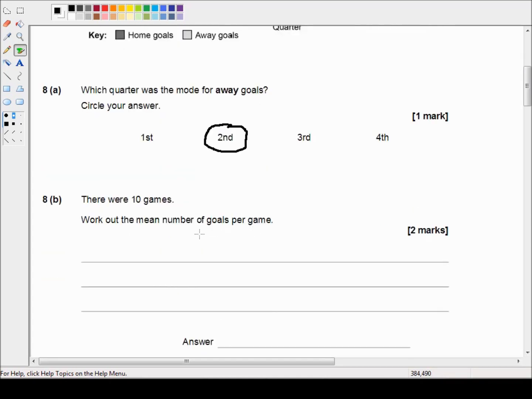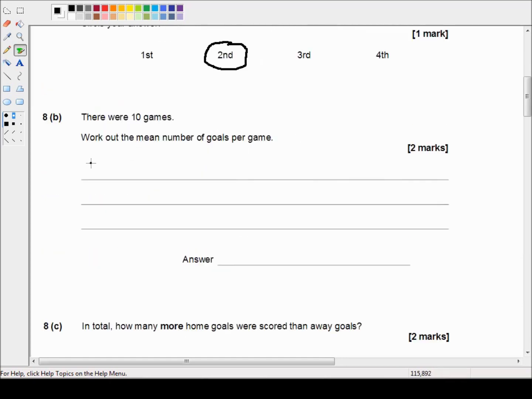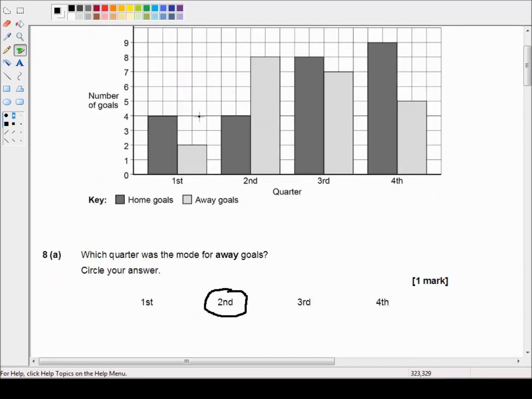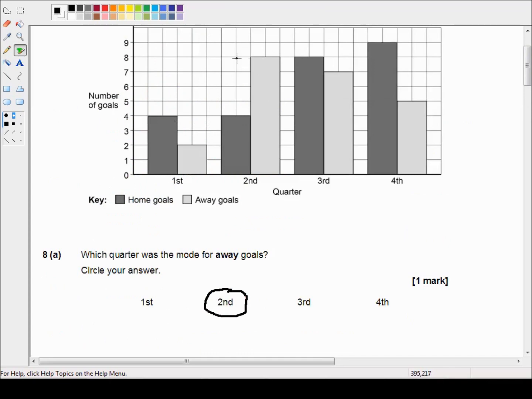Okay, so the mean is the average where you add them all up and divide by how many there are. So we know there are 10 games, so we've got to divide by 10. And we're looking at the total number of goals divided by 10. So in the first quarter at home we've got 4 plus 2, plus another 4, plus, what's this one?